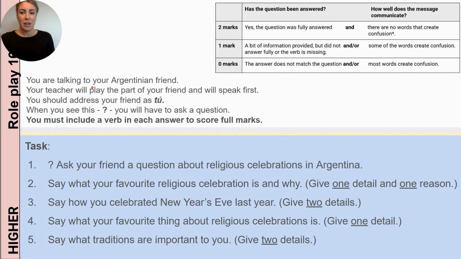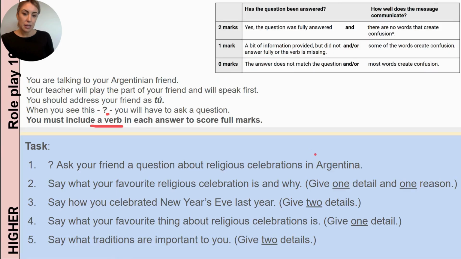Let's go. Right, so this is the context. You're talking to your Argentinian friend, which is the examiner or your teacher. When you see this, you must ask a question, and then you have to make sure that you make full sentences, so including a verb, and that you follow the instructions in brackets. This is because for you to get 10 marks, you need to get 2 marks per bullet point.